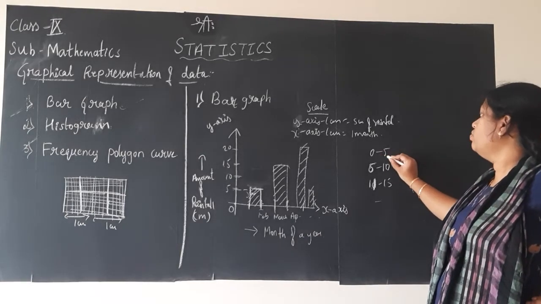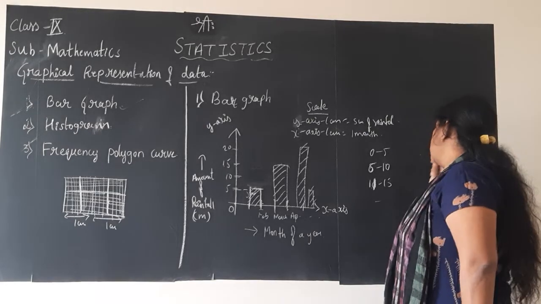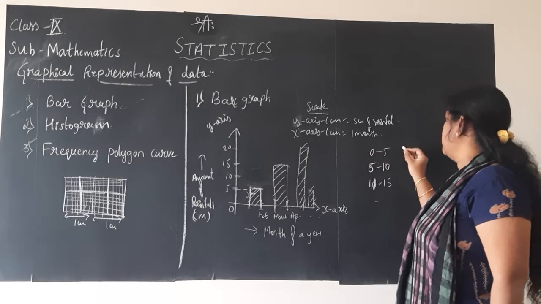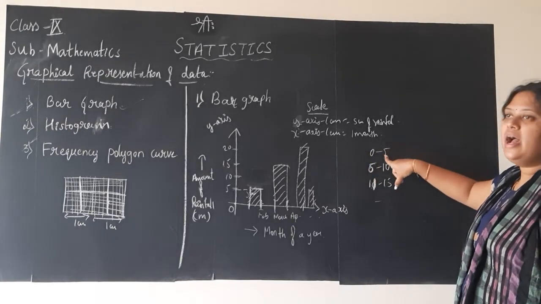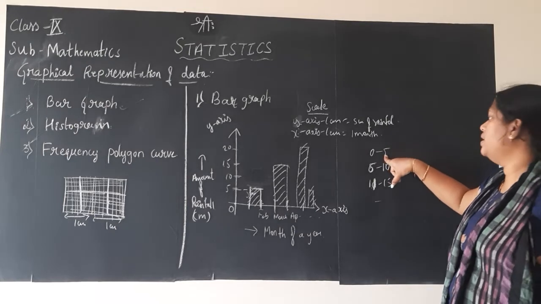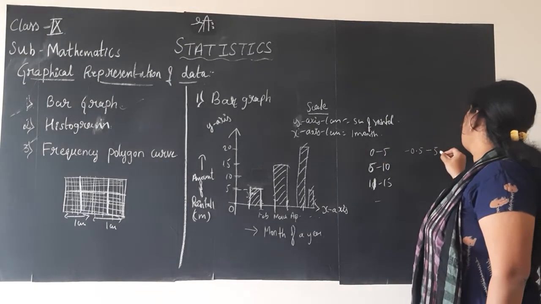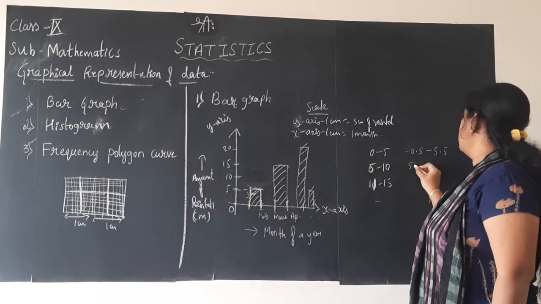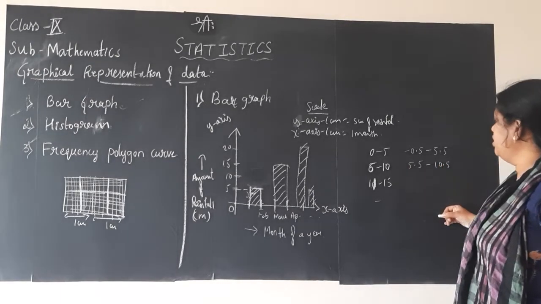So for that, what do we do? I taught you how to do it in the beginning sessions of these videos. You have to subtract 0.5 from the lower limit and add 0.5 to the upper limit. So 6 minus 0.5 is 5.5 to 10 plus 0.5 is 10.5.